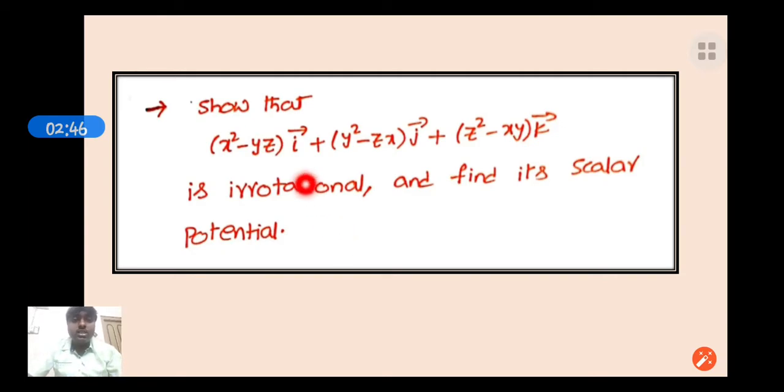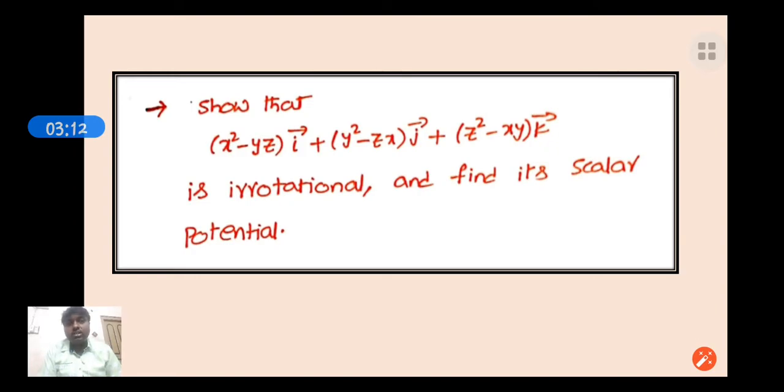Show that x square minus yz i bar plus y square minus zx j bar plus z square minus xy k bar is irrotational and find its scalar potential. Here you observe two things.